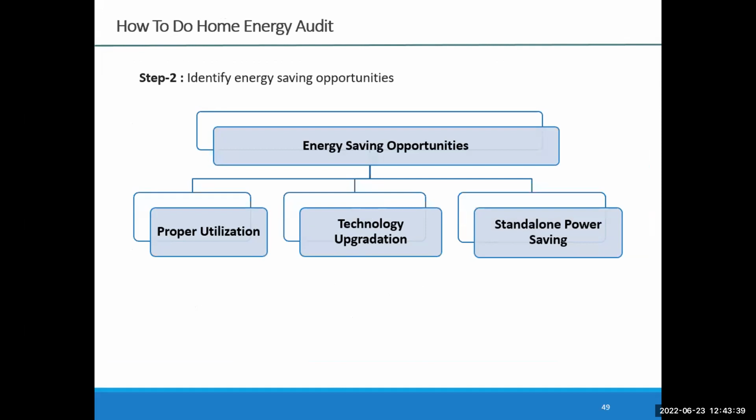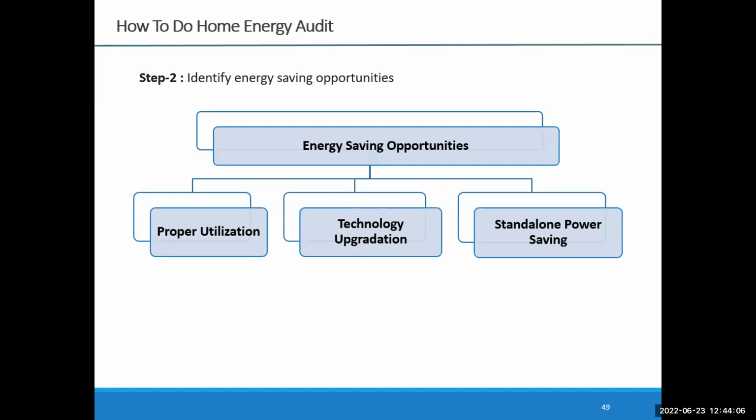That is proper utilization of the equipment, that is energy conservation. One more thing is technology upgradation, which comes under energy efficiency upgrade improvement, and standalone power saving. This is also a behavioral practice which can be categorized under energy conservation opportunity.